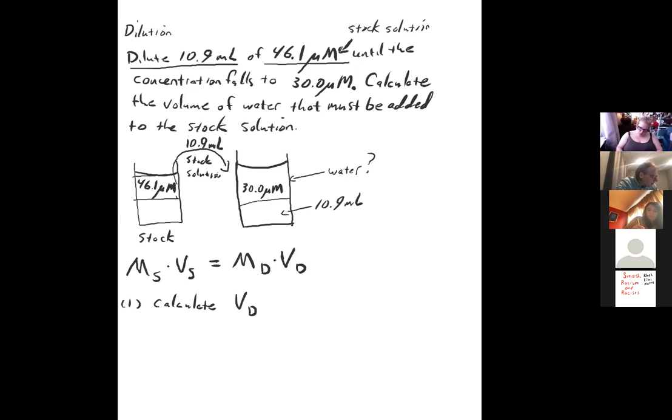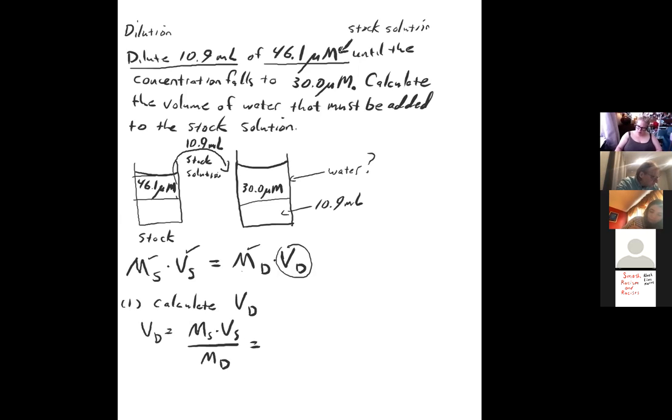We know the molarity of the stock is 46.1. We know the molarity of the dilute is 30.0. And we know the volume of the stock that we're transporting is 10.9 ml. So we know those three, which means we can calculate the volume of the dilute. Volume of the dilute would be molarity of the stock times volume of the stock, divided by molarity of the dilute.